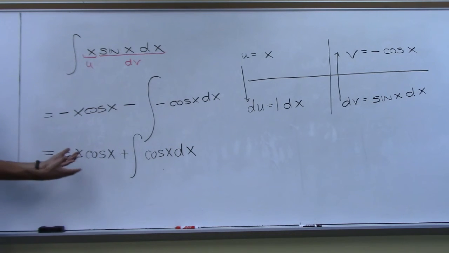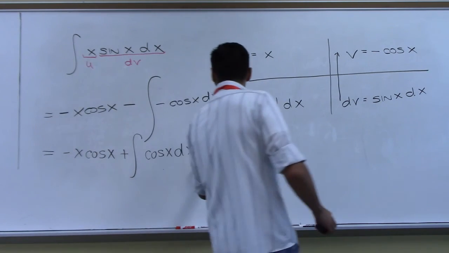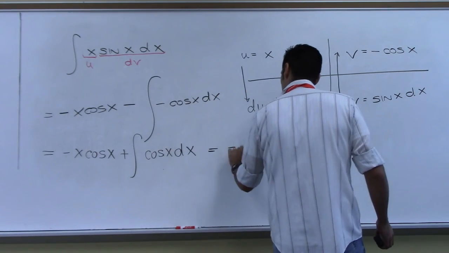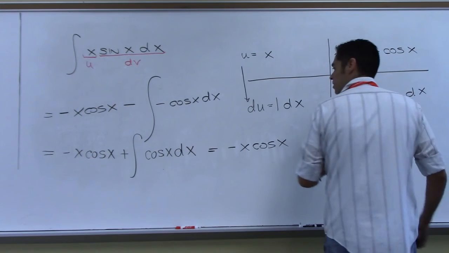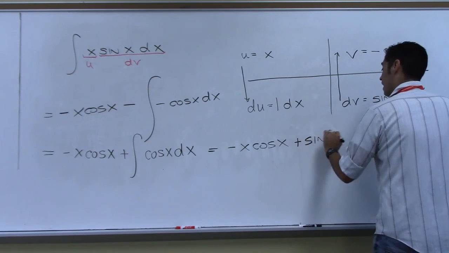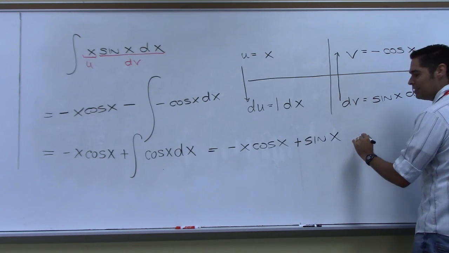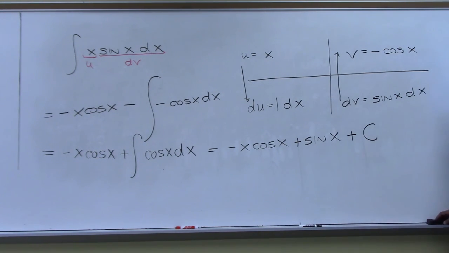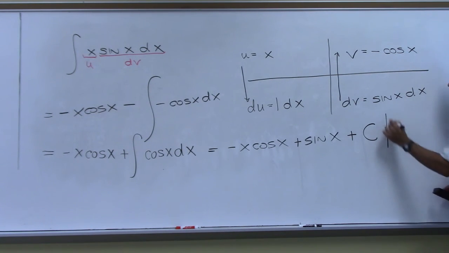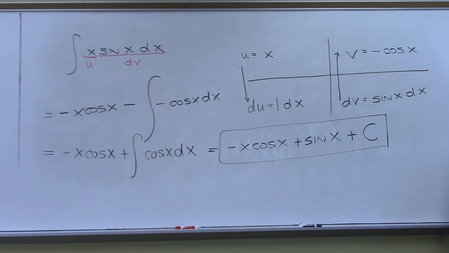And now it's time to find the antiderivative of cosine, which is an easy one to do, right? It's just sine. So our answer is negative x cosine x, then what? Plus sine x, and then plus C, right? Yes. All right. Plus C. That's it. That's the antiderivative.